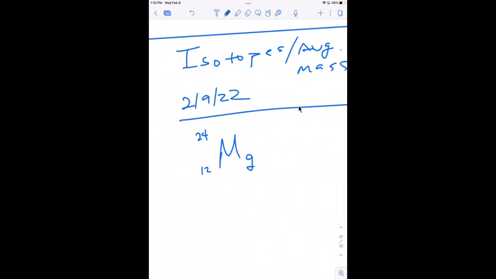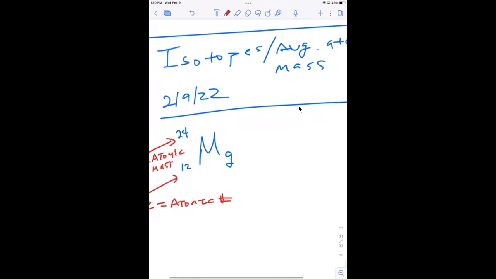This is Z, which is the atomic number, and this is A, which is atomic mass. And if you wanted to write the magnesium 25 isotope, you would write it the same way because it's the same element. It just has a different atomic mass.